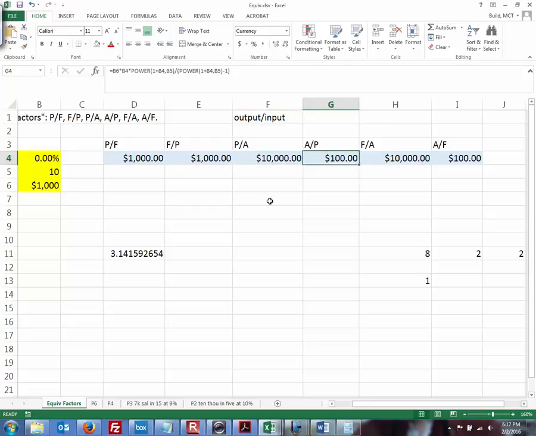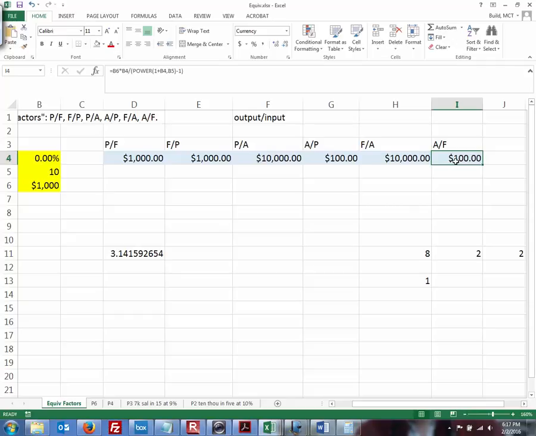With the P and A, this just means that $1,000 now is the same as $100 a year for 10 years. This one means that if you're putting in $1,000 a year, in 10 years you'll have $10,000, and then this is just the reverse: if you want $1,000 in the future, put in $100 a year.